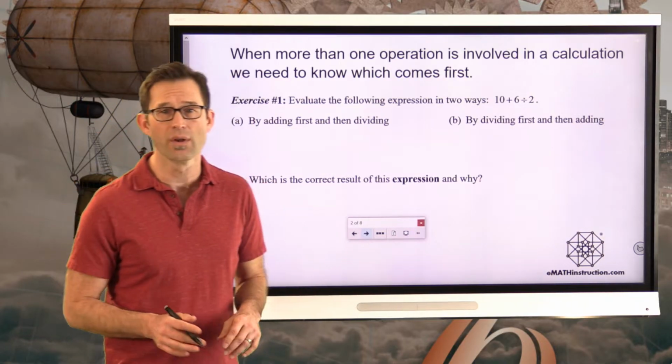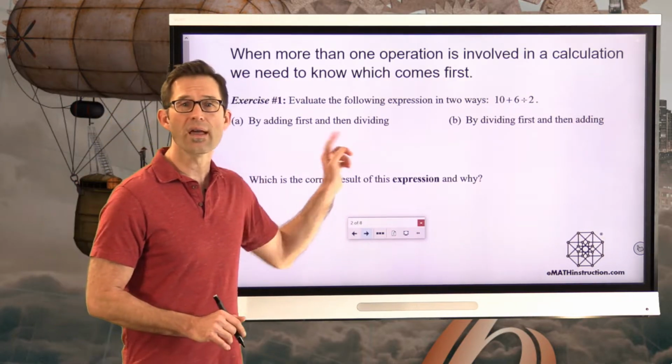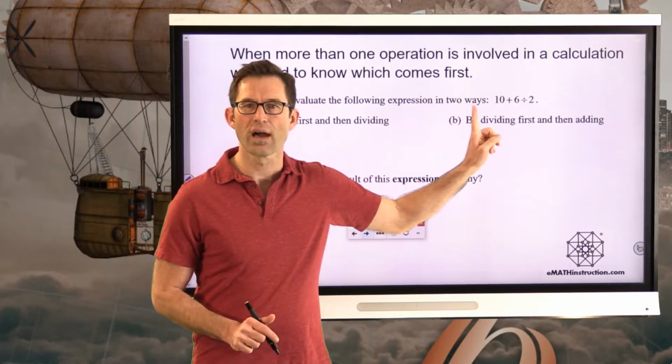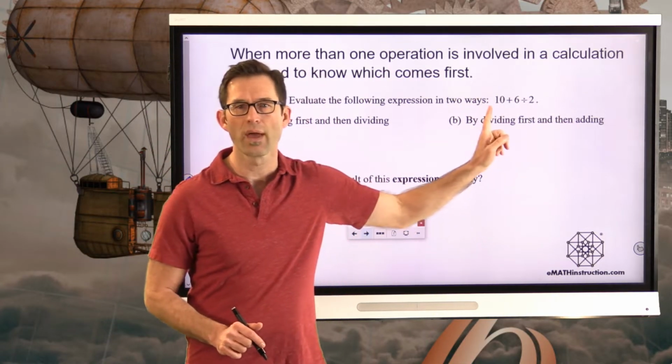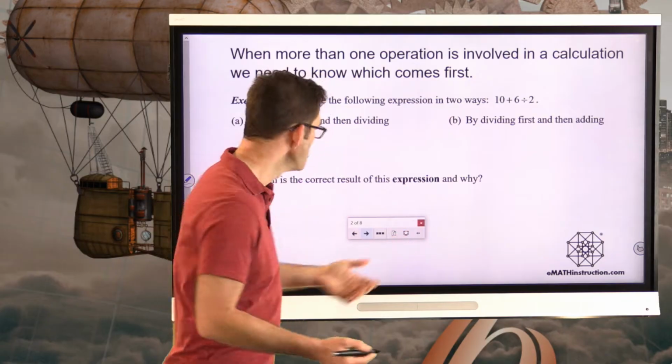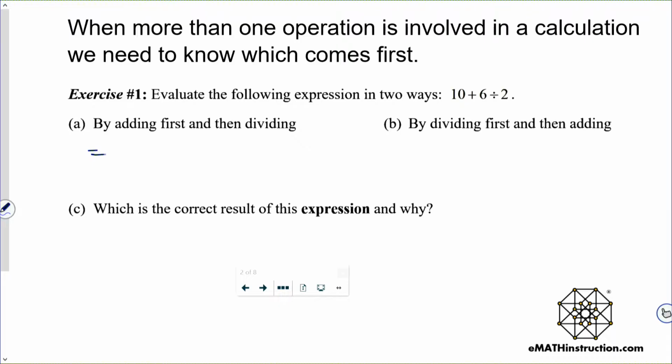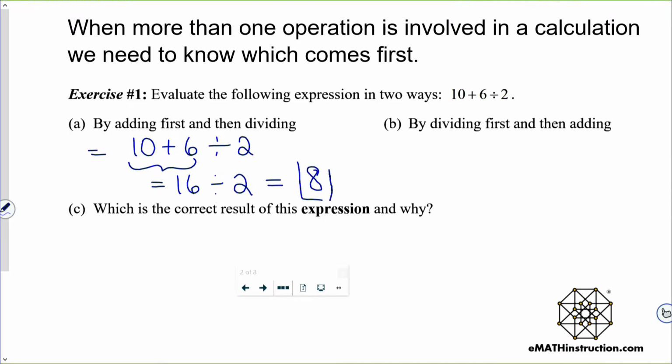All right, so let's just do the calculations together. They're awfully easy. There's no need to pause the video right now. But let's say I added first. In other words, I just read this calculation from left to right, and I said, okay, I'm going to do 10 plus 6. If I added first, I would get 16, and then I'd divide by 2, and I'd get 8.